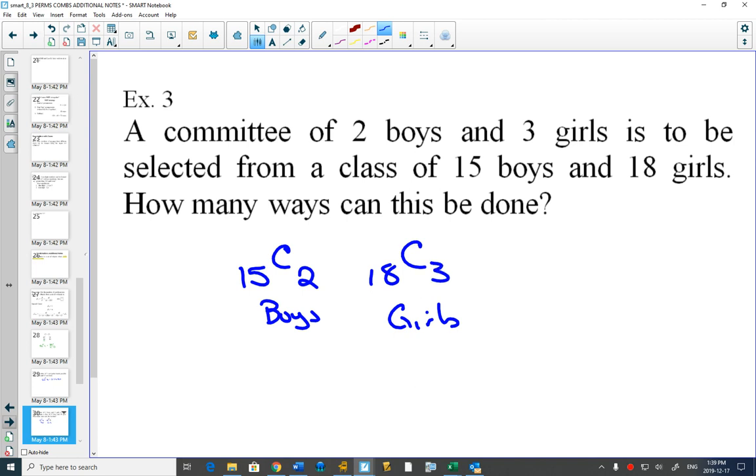Every group of 2 boys can go with every group of 3 girls to make a different group, because if I take out Noah and Charles and put in Aaron and Parker, that would feel like a different group. So we multiply all the groups of 2 boys together with all the groups of 3 girls to make all the different committees possible.